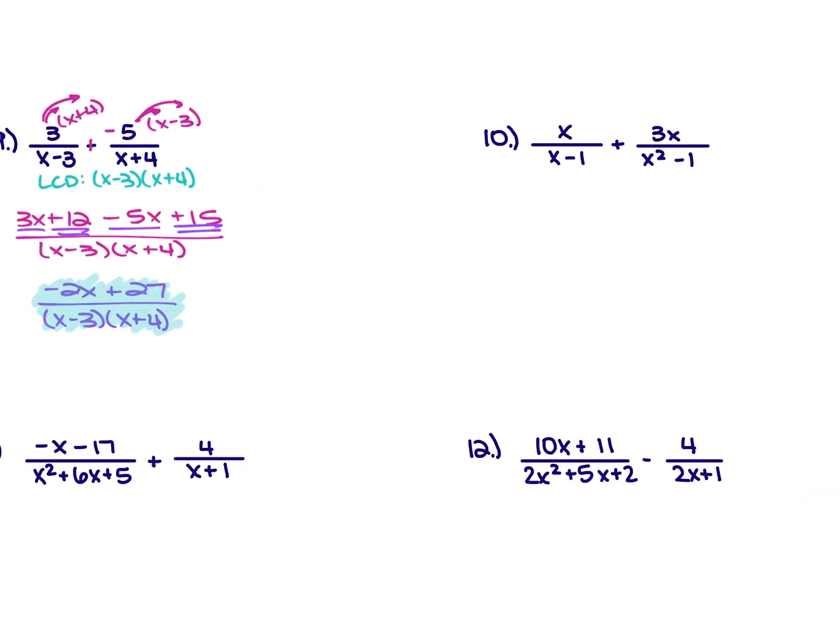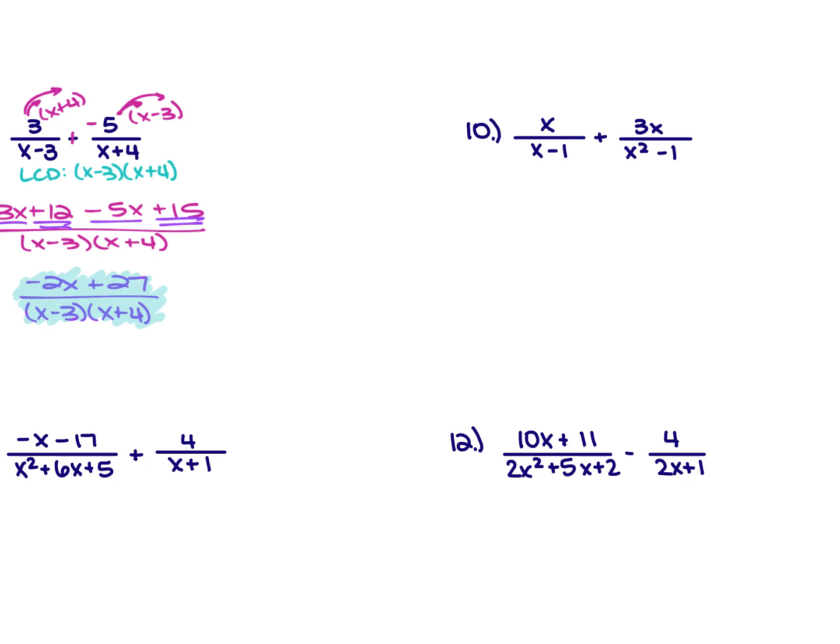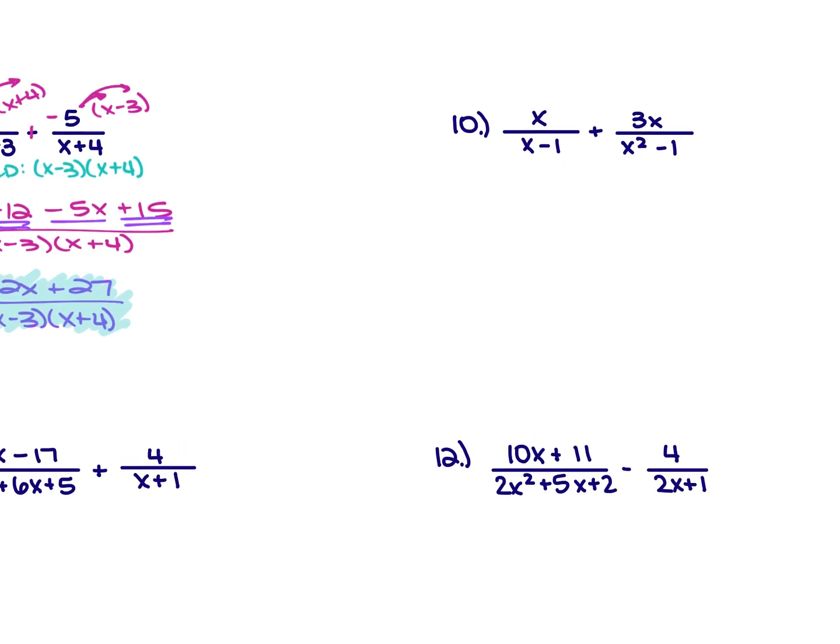For number 10, you have x over x minus 1 plus 3x over x squared minus 1. Your least common denominator with this, if you want to factor that x squared minus 1, you can. It's just x minus 1 times x plus 1. So your least common denominator is literally the x minus 1 times x plus 1.